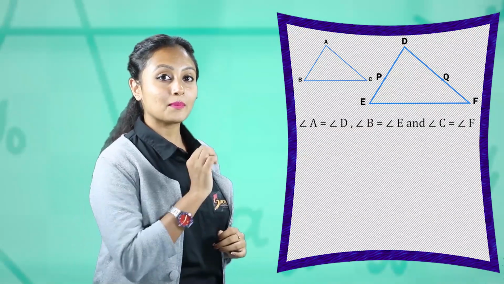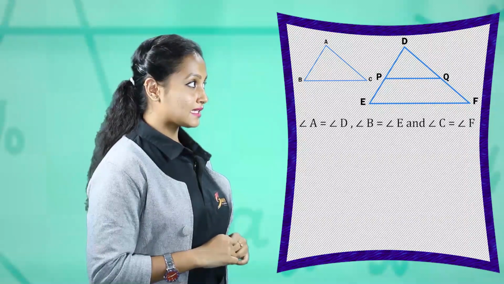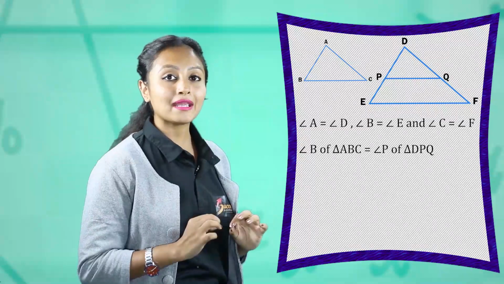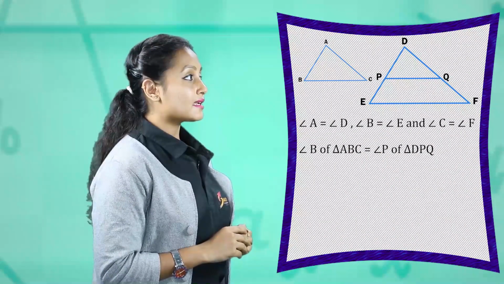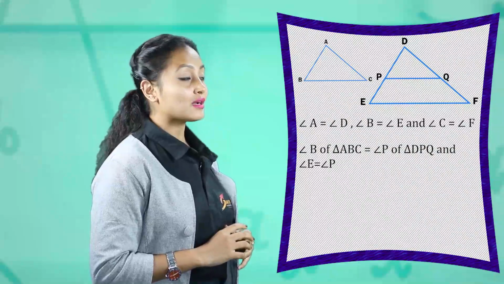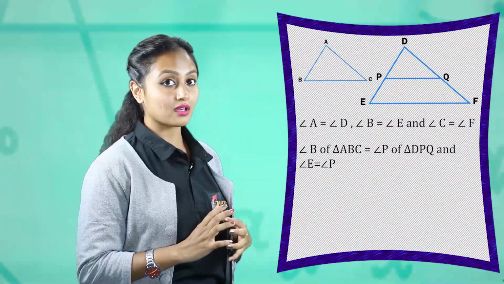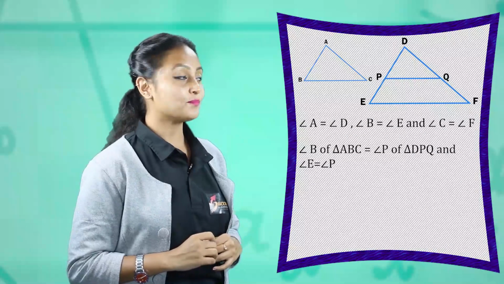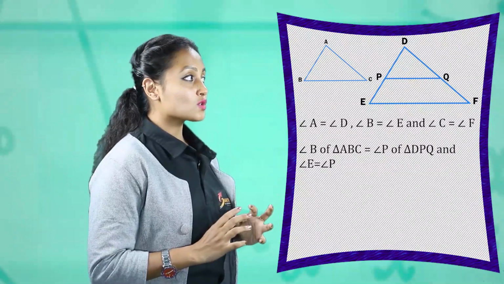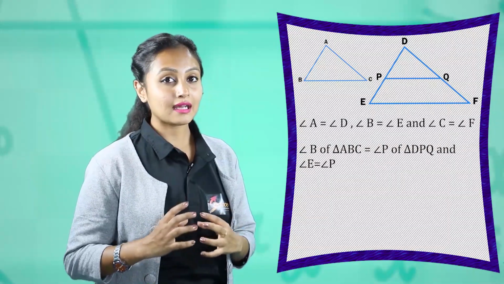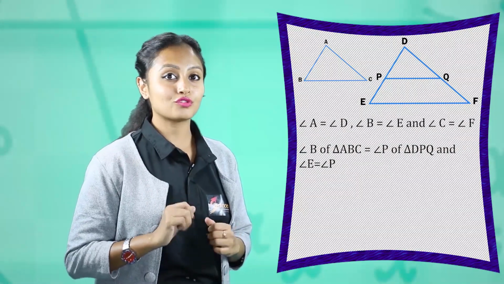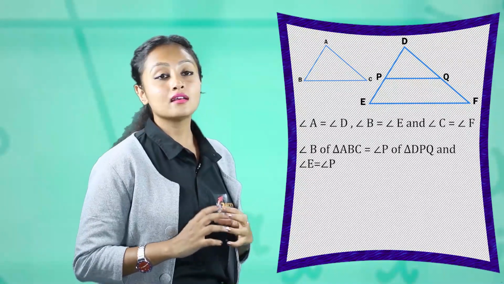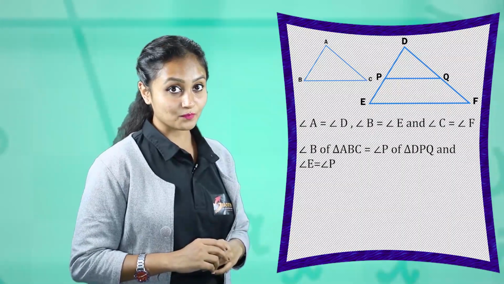Now join P and Q. Now you can see that angle B of triangle ABC is equal to angle P of triangle DPQ, and angle E is also equal to angle P. This is because we have studied the corresponding angles of parallel lines. Now this also leads to the angle criterion of two triangles. So this says that triangle ABC is similar to triangle DPQ.